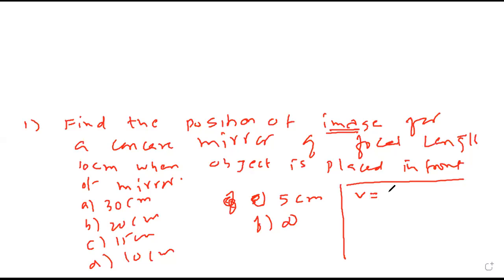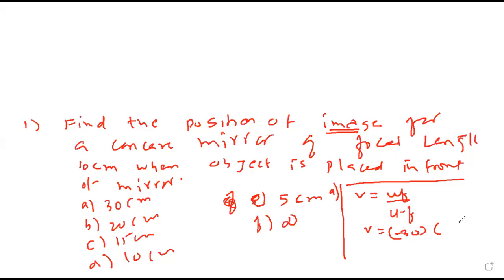What is the shortcut formula? v equals uf upon u minus f. So first case, u is 30. It is placed on the left hand side, so minus. Object is always on the left hand side, minus.